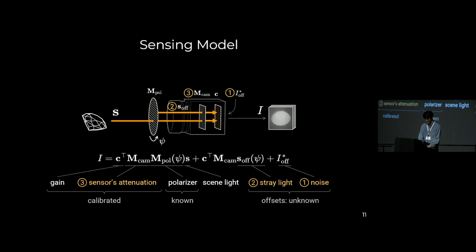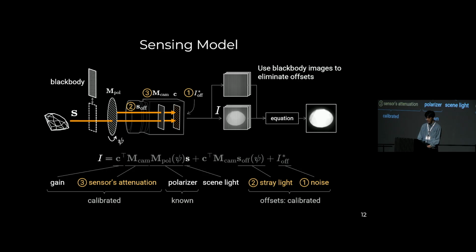However, these offset components are difficult to calibrate. Therefore, we use a black body shutter to calibrate this offset at capture time. First, the camera captures the scene with a rotating polarizer. Then we close the shutter and capture it for calibration. Thanks to this, we can finally capture reliable images of thermal polarization.